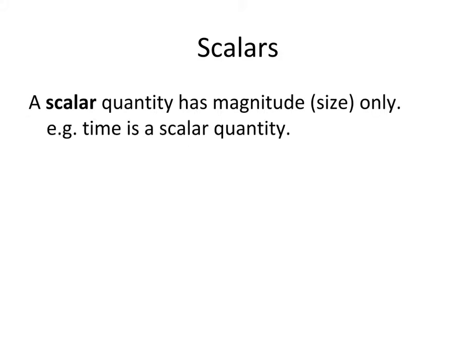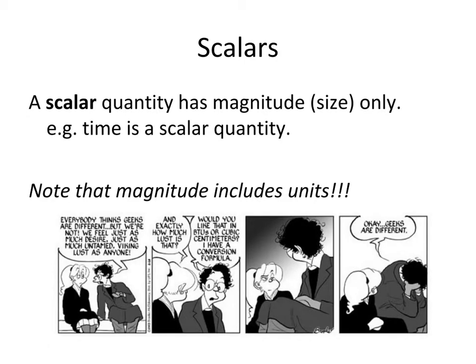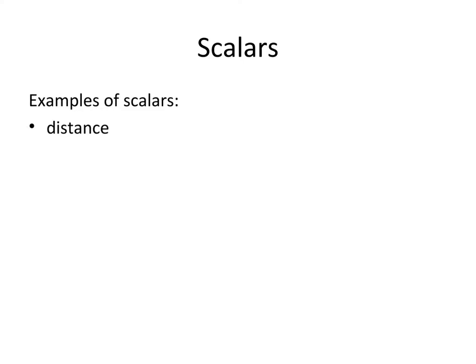Time is a scalar quantity. It has no direction, but it does have magnitude, and it also has units. Here are some other examples. Distance is also a scalar. Speed, as previously mentioned, time, and also frequency, and frequency is one that we'll see later on when we talk about waves.